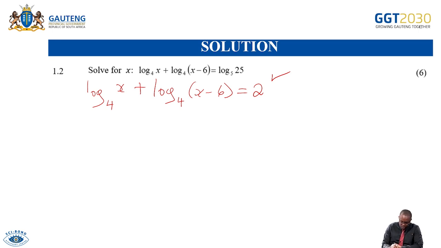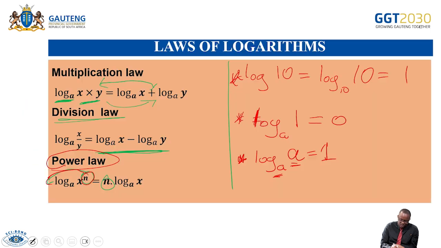Remember, how do we solve now from the left hand side? Pay attention here. Remember, you have a log of base 4 and a log of base 4. The bases are the same, and we have an addition between the two logs. Let's go back to our notes because this is very important and you need to understand it. From that question, the logarithm of multiplication is expanded.